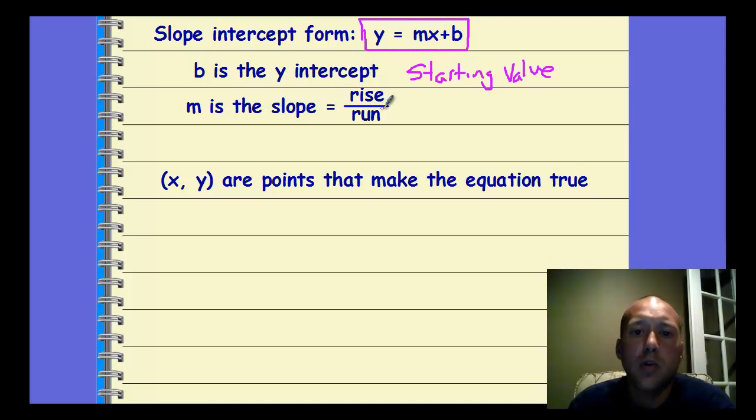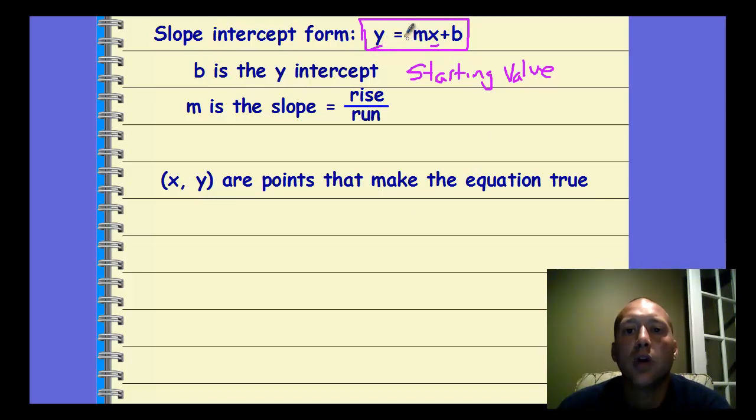So m is the slope, and we talked about slope yesterday. It's rise over run. We found it by doing y2 minus y1 over x2 minus x1. When we look at the graph, we're mostly using rise over run. So x, y are just points that make the equation true, so you plug them back into the equation.